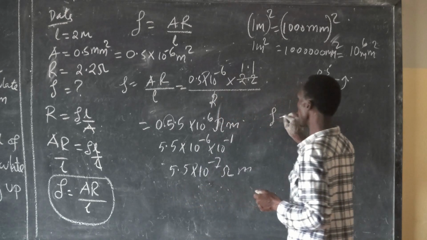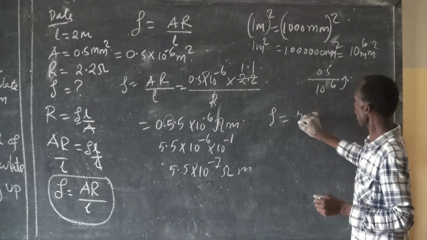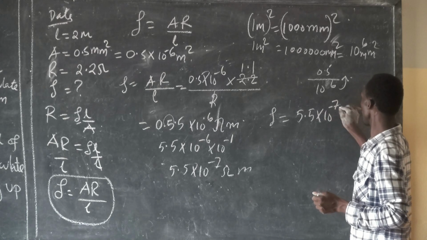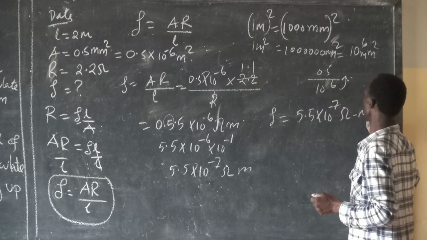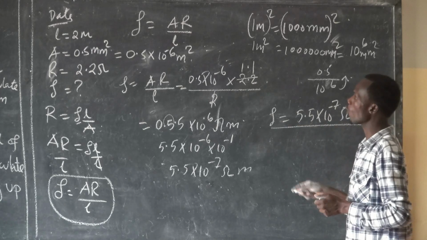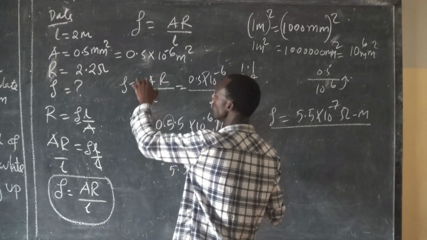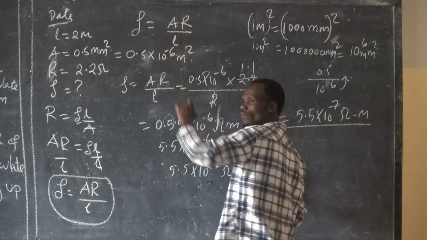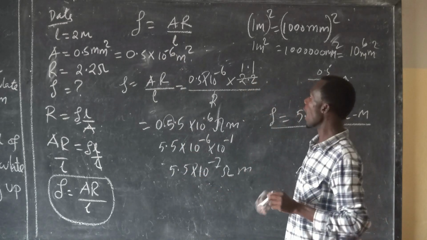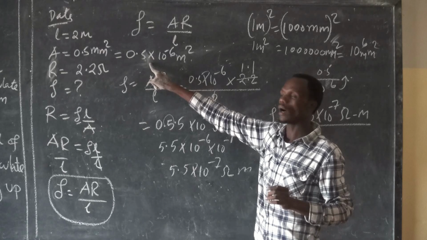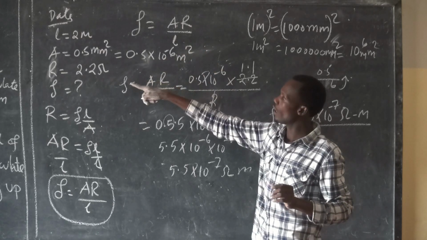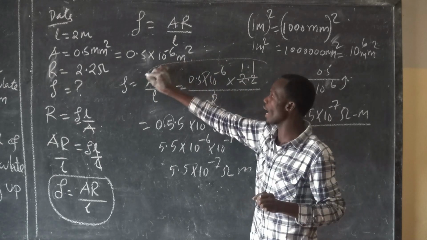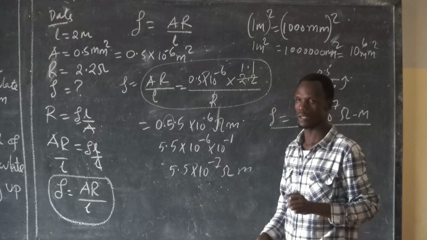Now the resistivity of the material is equal to 5.5 times 10 power negative what? 7 ohm meter. Because the most important thing was here: resistivity of the material is obtained by taking the cross-section area times resistance of the material over length of the material. Cross-section area was there, resistance was there, then length was there. That is all about substituting everything that has been given from the question.